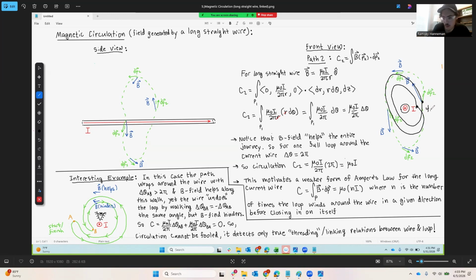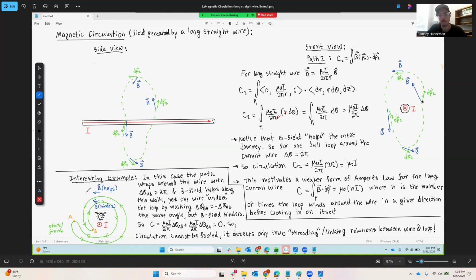That would give us 4 pi for delta theta. And so then n would be 2 because we've wound around this thing twice. And we've gotten twice the helping effect from the B field as before. N could also be negative if we travel against the field the whole time. So if we imagine we go around this way a couple of times, you'd get negative 4 pi.